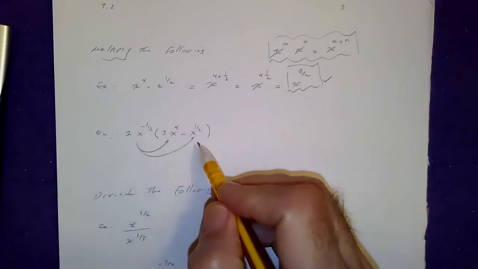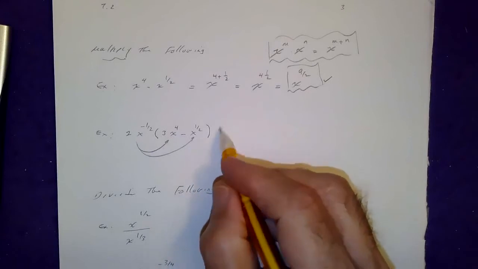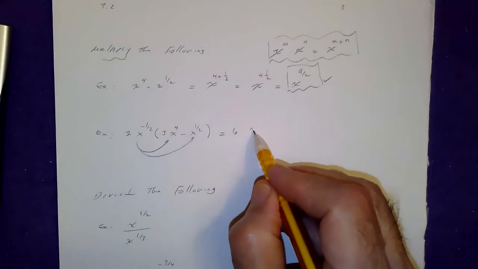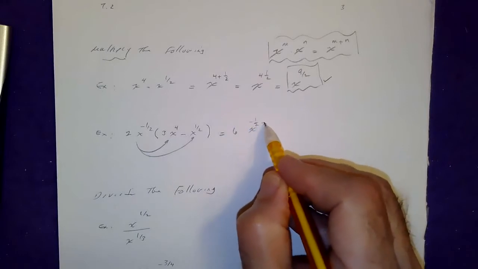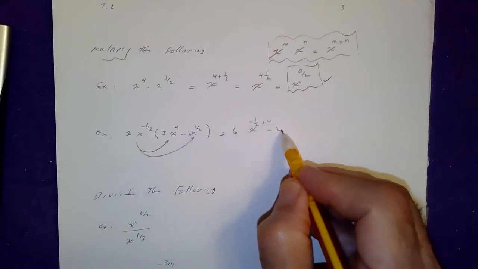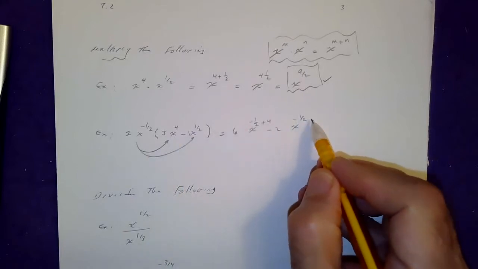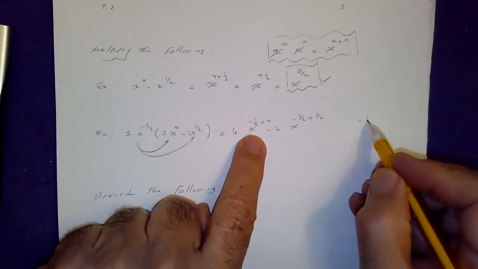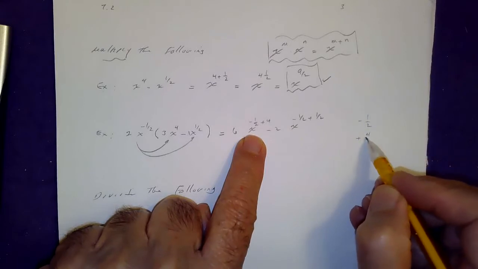So I need to use the distributive law to remove the parentheses. So what do I get? 2 times 3 is 6, x to the power of negative 1 half plus 4. 2 times negative 1 is negative 2, x to the power of negative 1 half plus 1 half. Now I have to do this. Well, negative 1 half plus 4.